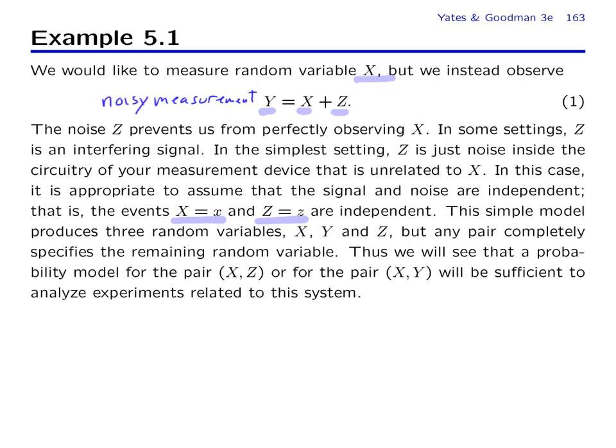So in fact, the way this experiment works is that we have three random variables, x, y, and z, but two of them always specify the third one. And in particular, the noisy measurement y is the sum of the signal x and the noise z.